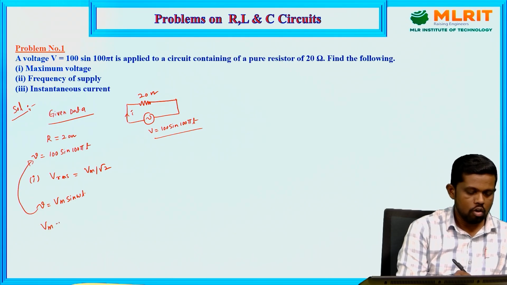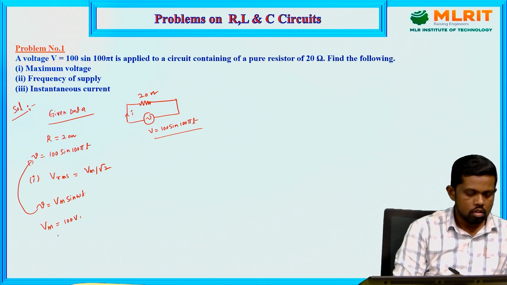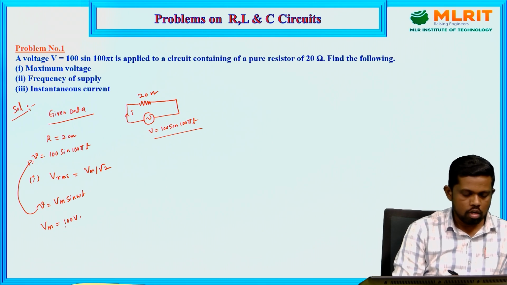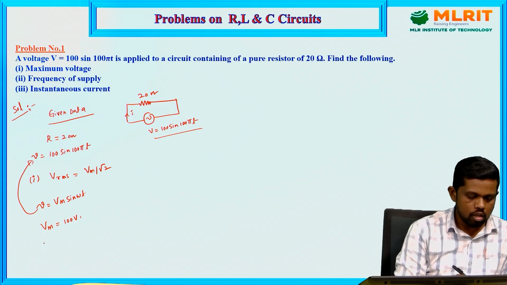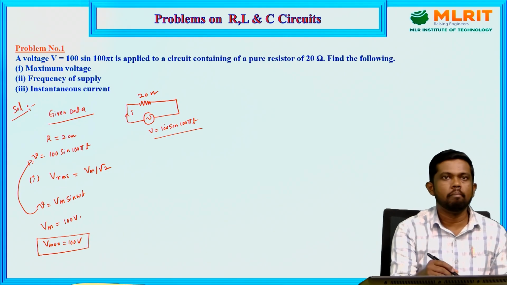The peak value of the network is 100 volts. RMS voltage is not required because they have not asked; the question is only about the peak or amplitude value. So this is the end of the first question: Vmax equals 100 volts, the peak value of voltage applied to the resistor.